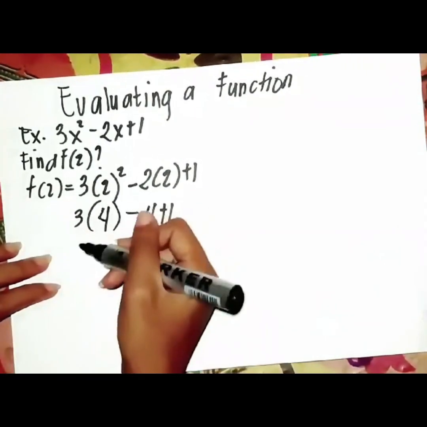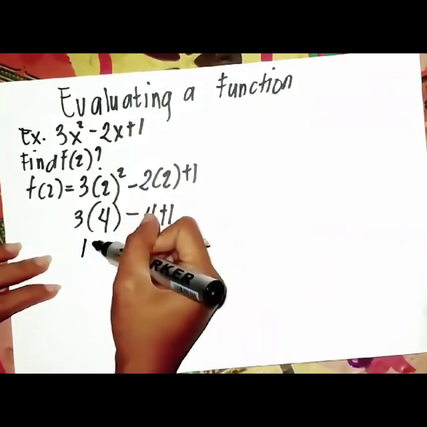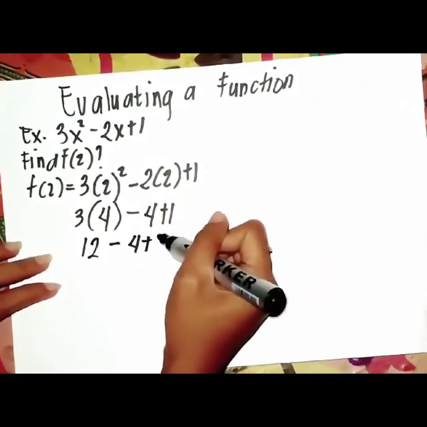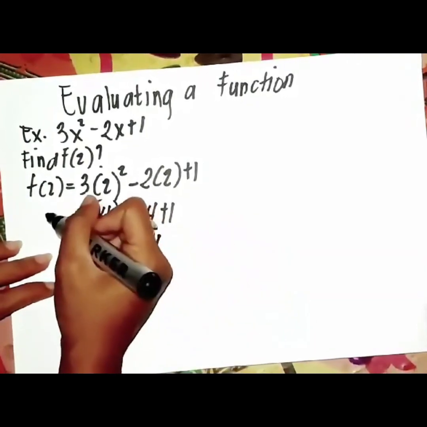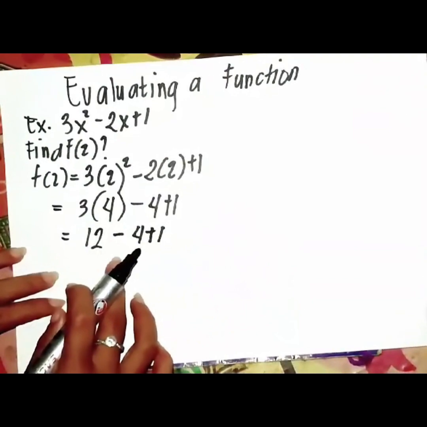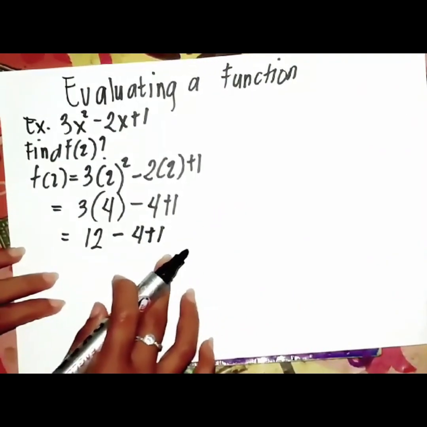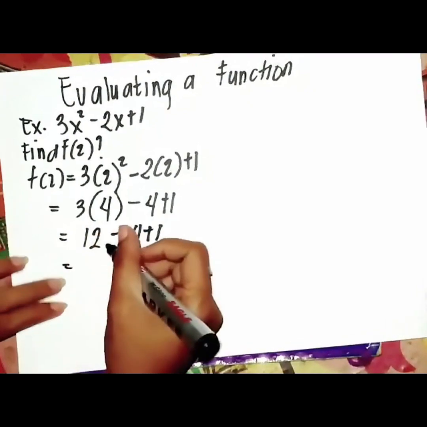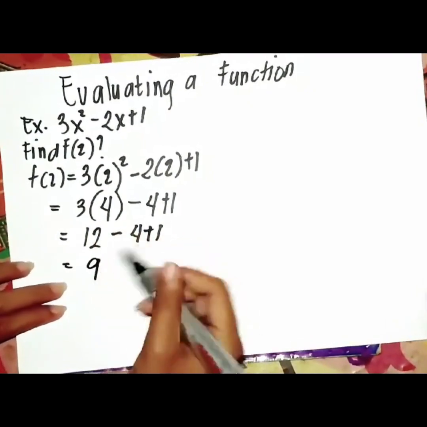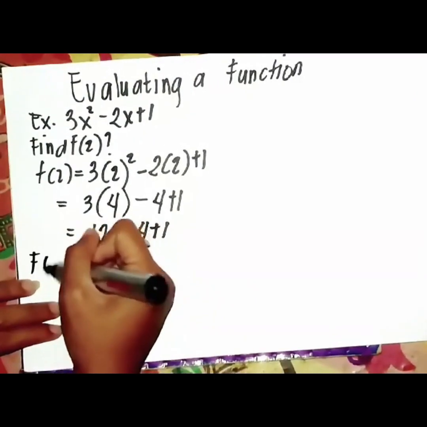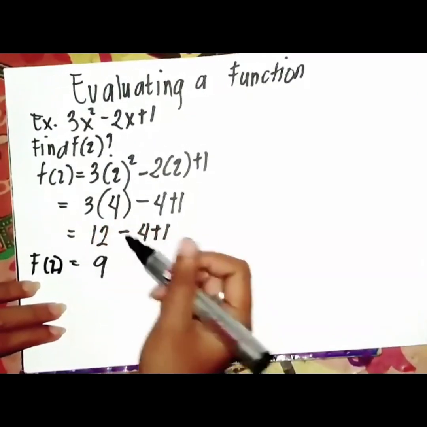So 3 times 4 equals 12. 12 minus 4 plus 1 equals 12 minus 4 equals 8, plus 1 equals 9. So f of 2 equals 9.